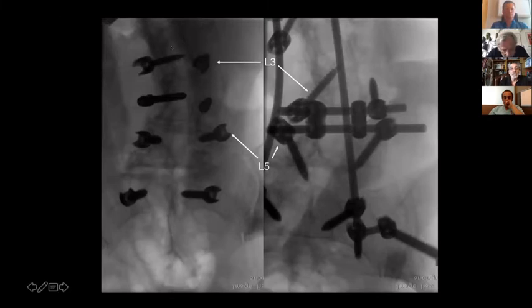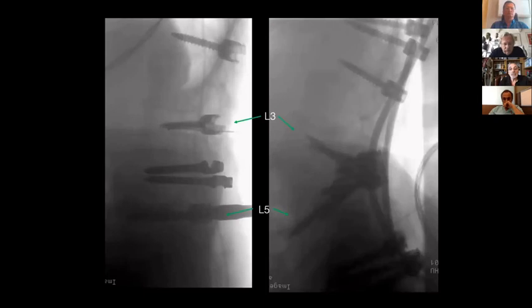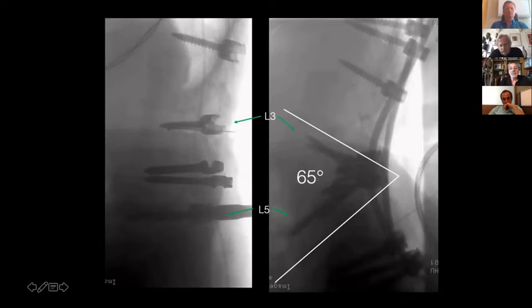Here you can see how we can close the osteotomy in a very strong way, even if you have to treat a patient with poor bone quality. Here you can see very well in the lateral view the amount of correction is close to 65 degrees.